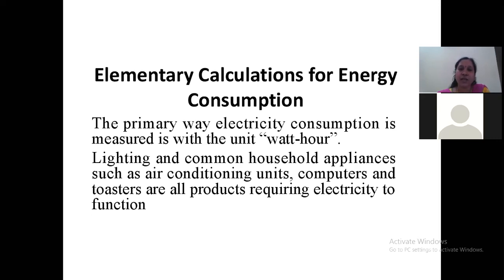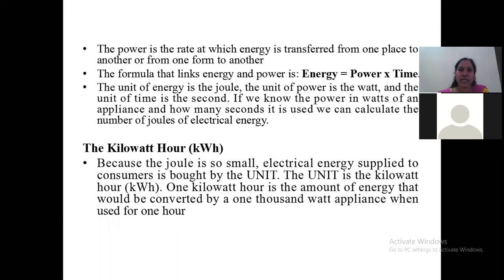So the primary way electrical consumption is measured is the unit watt hour. Lighting, common household appliances such as AC, computers, toasters, are all products requiring electricity for their function. The power is the rate at which energy is transferred from one place to another or from one form to another.